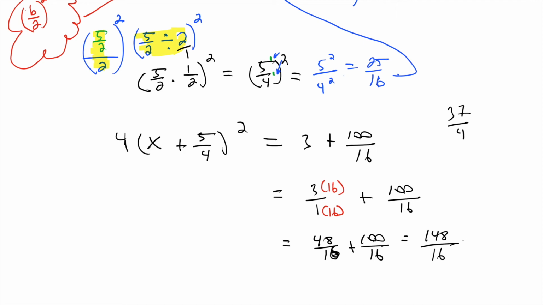And they're both even, so you can at least chop them in half, right? 74 over 8, and they're still both even, so you can chop those in half, so you get 37 over 4. Okay, and I'll just bring all of this stuff down the lazy way, like that.